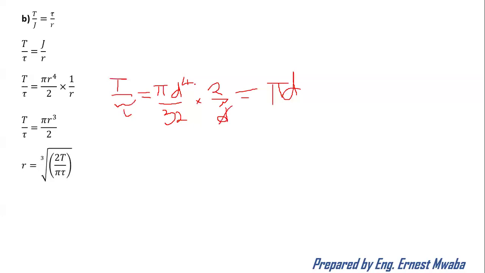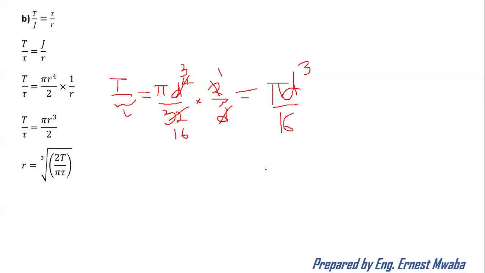Because this D and that D power 4 will cancel. Then here we'll have power 3, whereas the other one will dissolve. So this will be pi D cubed over 16. Because here I cancel, 2 into 32, that is 16.